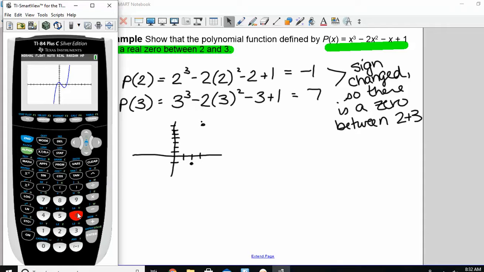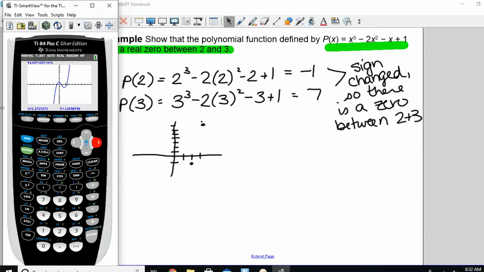Okay, so if you're looking at your graph, here's 2 and here's 3. Does it cross the x-axis between those? If I asked you to approximate that, do you guys know how to use the trace button on your calculator? If you just hit trace, you can move your cursor around and kind of get an idea of where that is. At the bottom it tells you your x's.